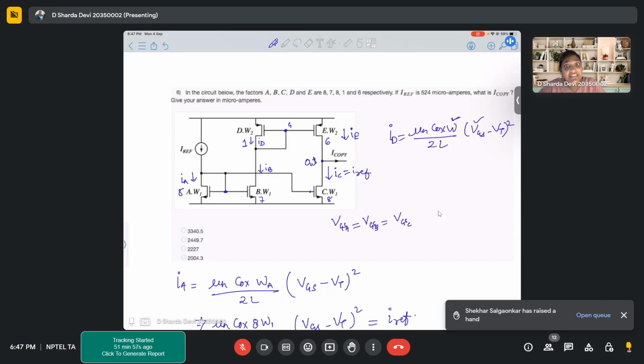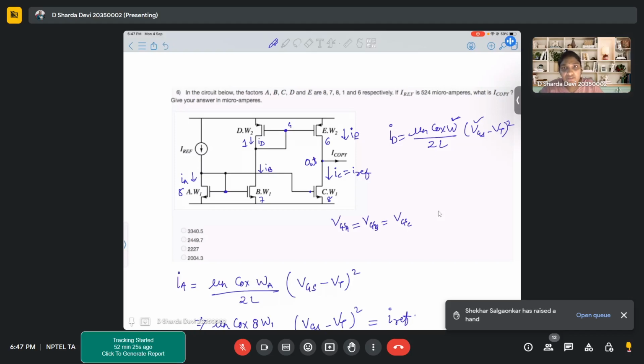We said IA is equal to IC. That is because their W is already matched. Mu n Cox by 2L is the same for all the NMOSs, so the factors which are actually changing are W and VGS. If for two different transistors your W is the same as well as your VGS is the same, they will carry the same current.